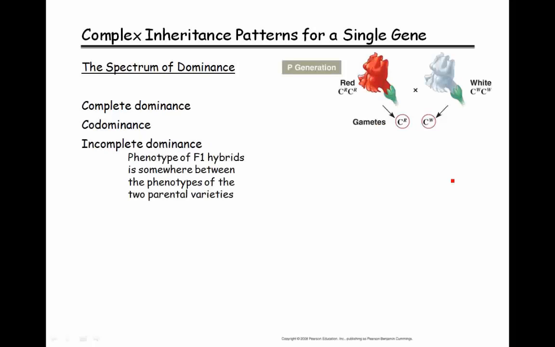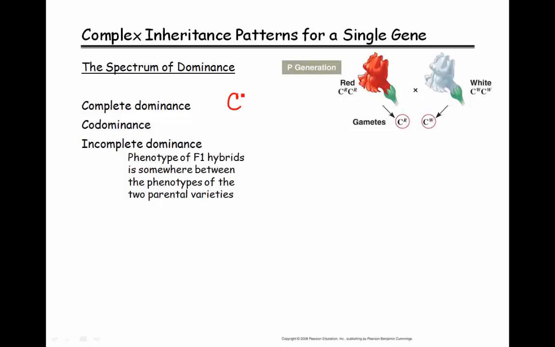The last type of dominance that we want to introduce is what's called incomplete dominance. Now, incomplete dominance is a little bit like blending, because in this case, the phenotype of the F1 hybrids is going to be intermediate between the two true breeding homozygous parents. If we look at this example here from snapdragons, we've got two different alleles.